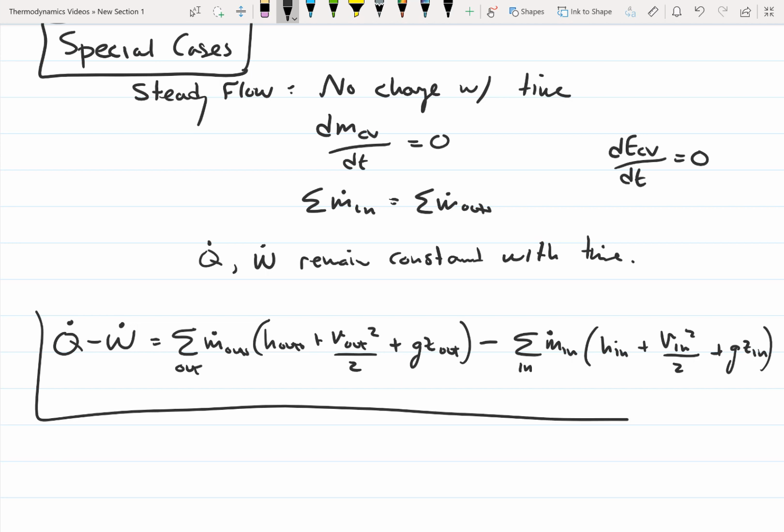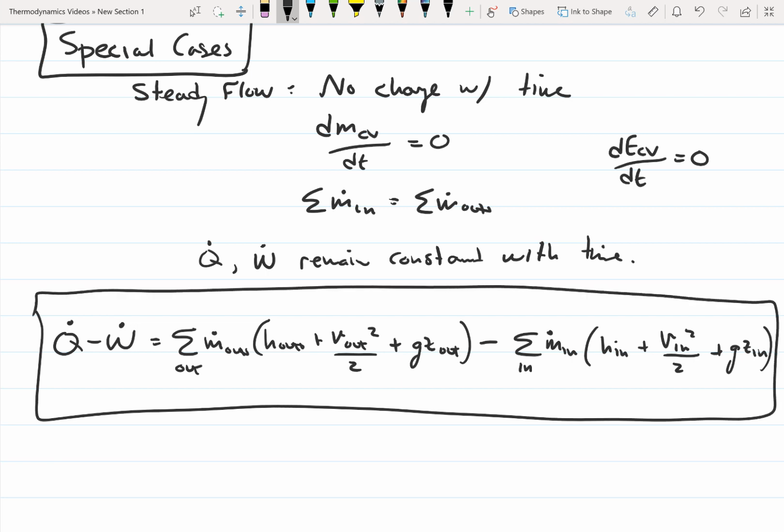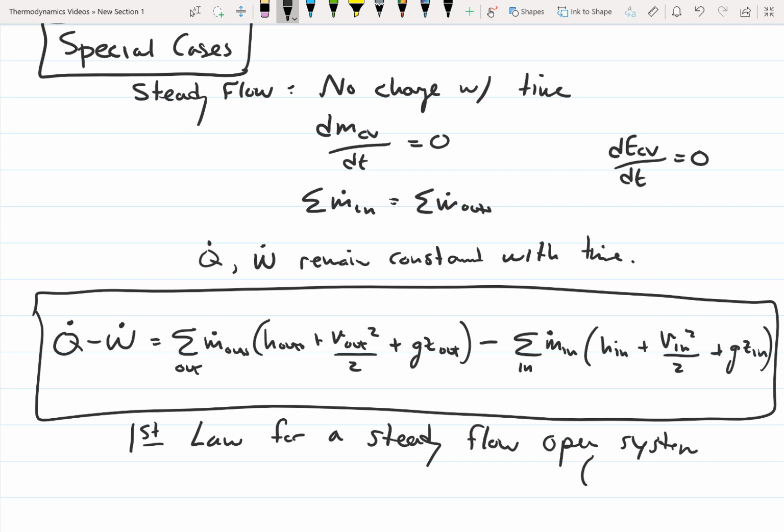So this is the first law for a steady flow open system problem. So basically a problem with a control volume.